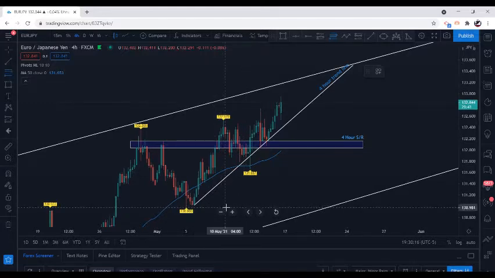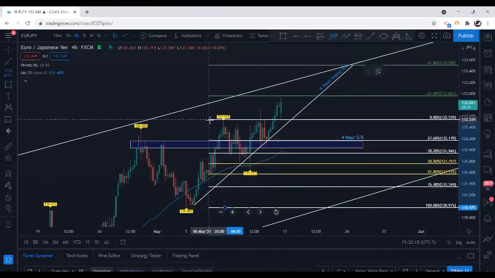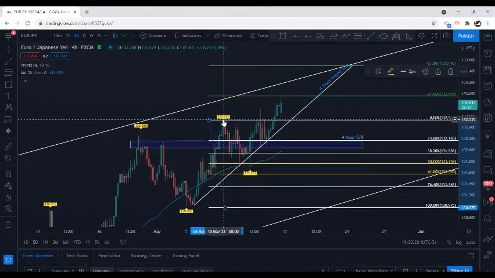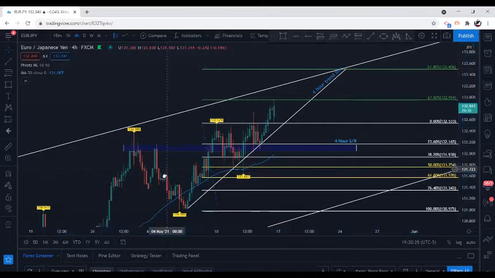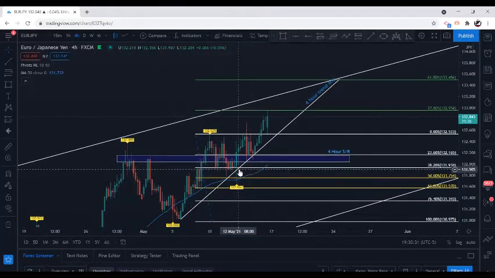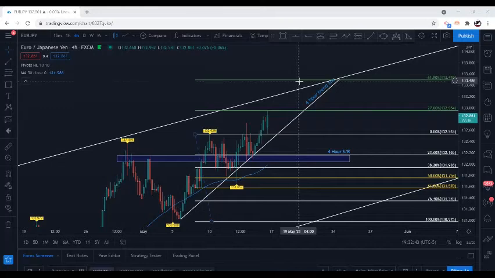If I draw my Fibonacci retracement tool from the pivot low to the pivot high, we can see that we got a 50% pullback into our golden zone. So we are looking for price to potentially go and touch our negative 61.8 extension level, which is in this region here, while also touching the trend line.